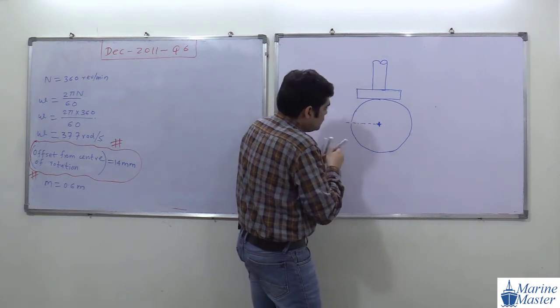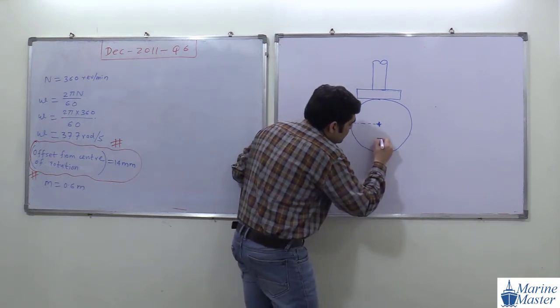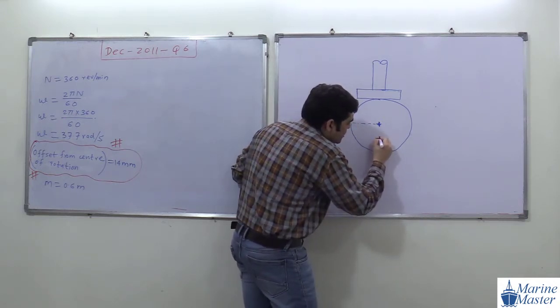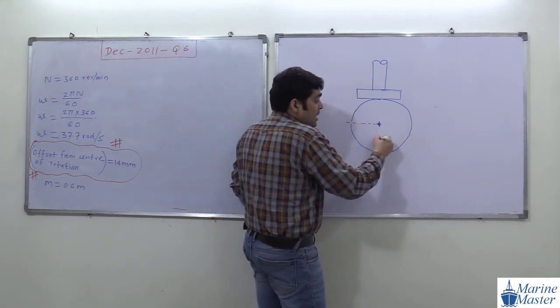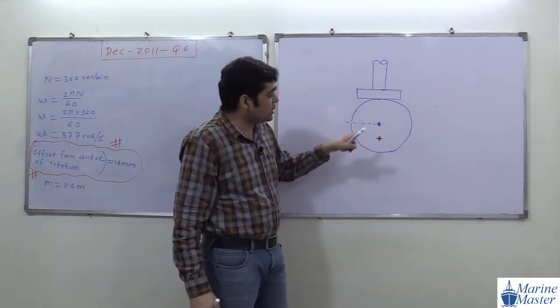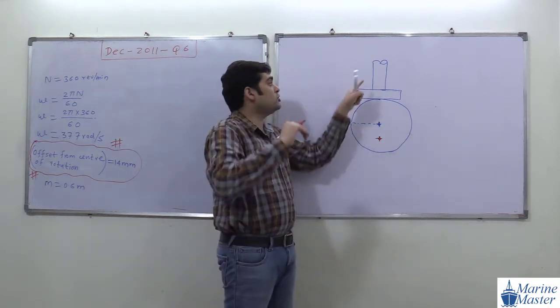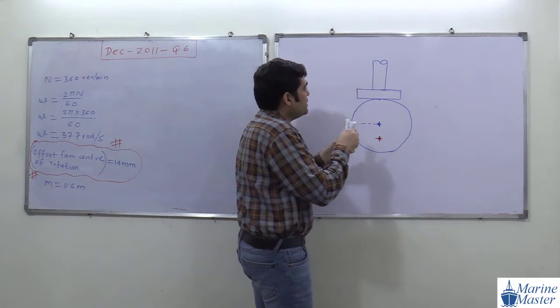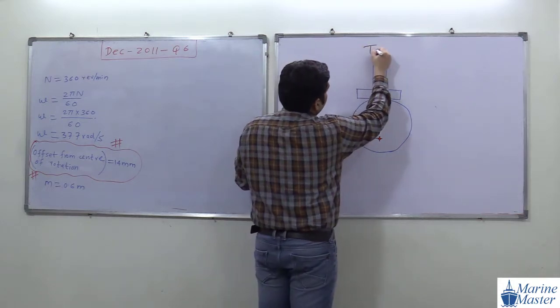For the topmost position, the center of rotation must be here. The center of rotation is fixed, but above the center of rotation, our center must be above for the topmost position. This position is the top position.